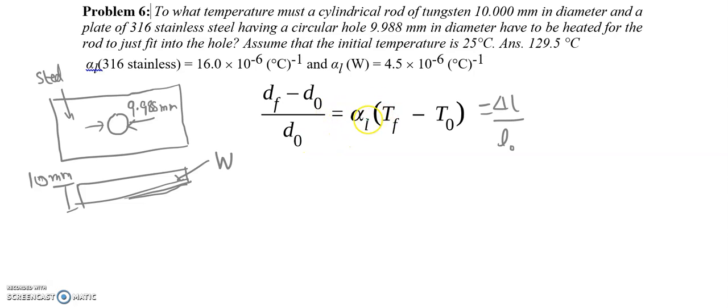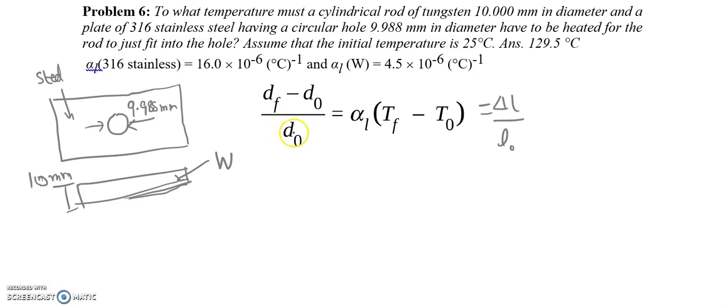For the steel, the initial diameter will be 9.988, and the final diameter we need to know. For the tungsten, the initial diameter will be 10 millimeter, and the final diameter is the same as DF. So the final diameter for both will be the same. So we apply these two equations. Okay.